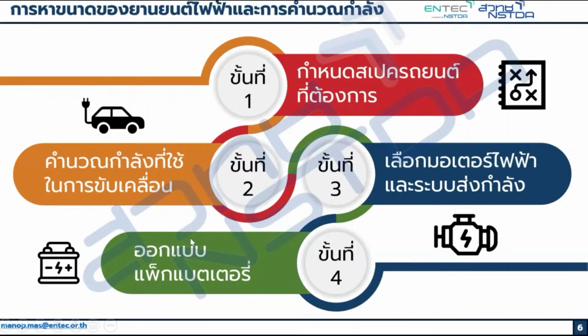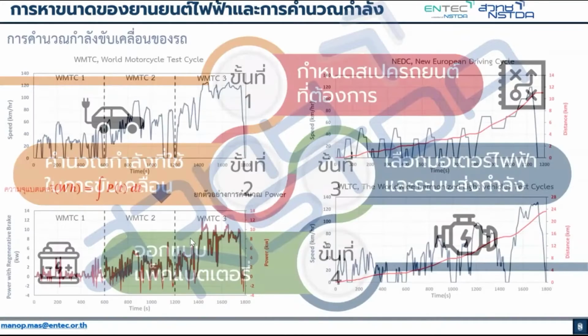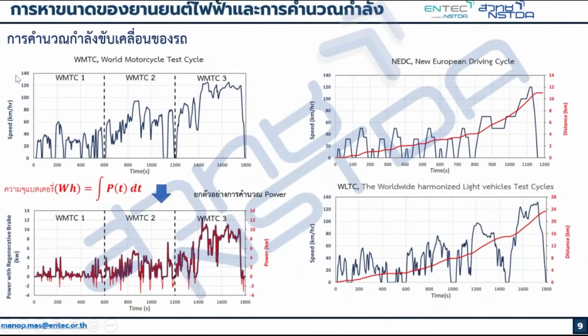This slide is the World Motorcycle Test Cycle. There are 3 levels. First, Thailand probably doesn't care about it because it's not 60 km per hour.